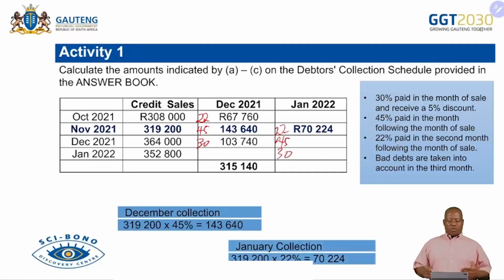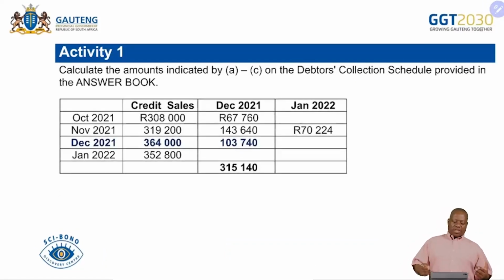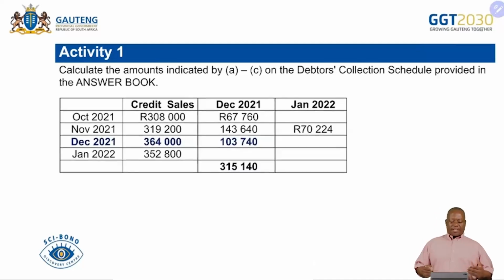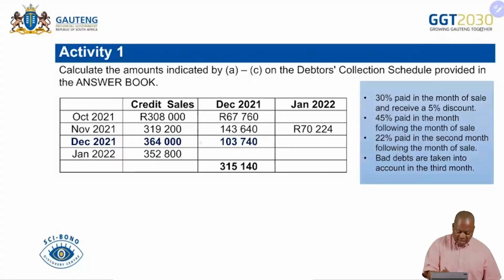Straightforward, let's move on. We are now going to see how we go about calculating for the month of December. Now, please take note, very important. This is December, and December 30%, 45%, 22%.